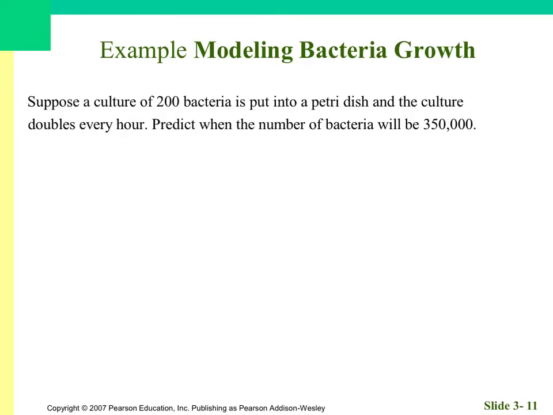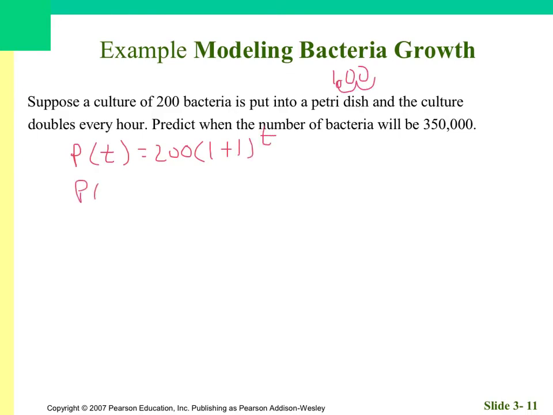Suppose a culture of 200 bacteria is put into a petri dish, and the culture doubles every hour. Predict when the number of bacteria will be 350,000. Okay, so let's see. If we set this up, the initial is 200. The growth rate doubles, which means it's 100%, and 100% converted to a decimal is 1.